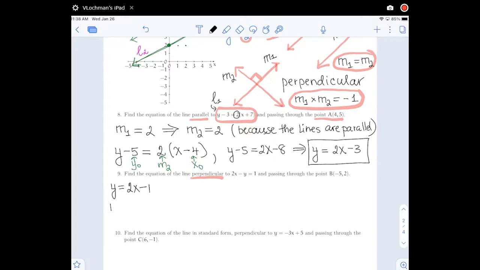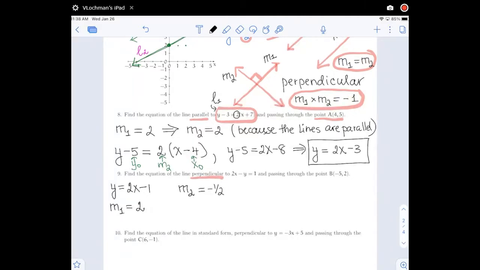I want the line that I'm constructing to be perpendicular to this. So if the slope here is 2, what is m2? Somebody tell me. What do you guys think? Negative 1/2. Very good. It's a unique number.